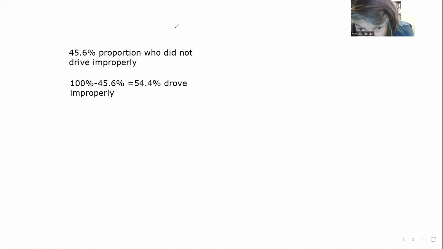And as far as your sample goes, the sample proportion, X is 60. I just wanted to make sure that we clarify this, and N here is 110.